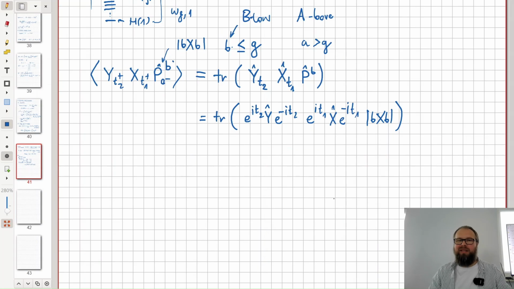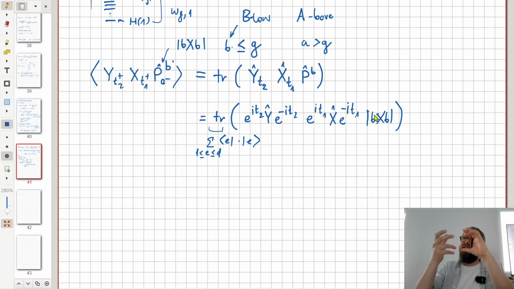Now we can execute the trace by doing the sum over all the eigenstates. It will be simpler, because we already have the projector here, so it will pick out only the B. Should the exponents have the Hamiltonian?